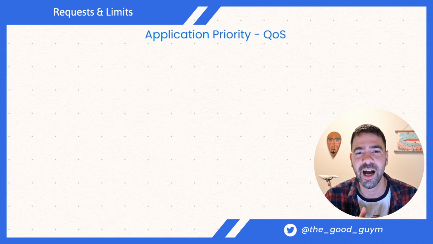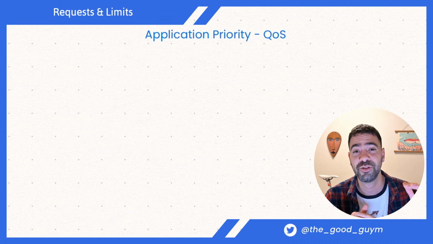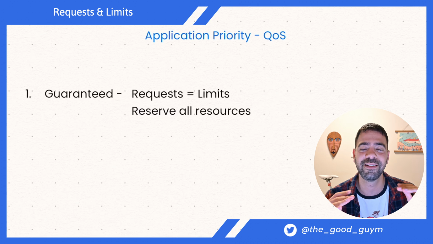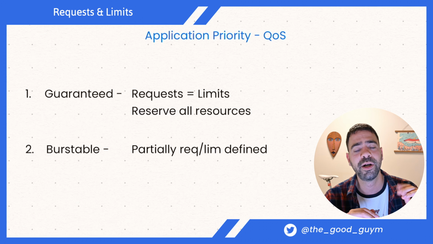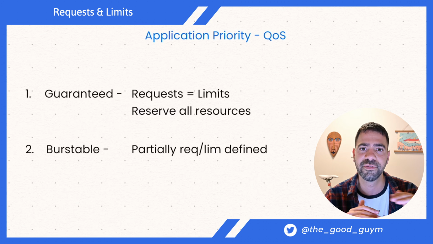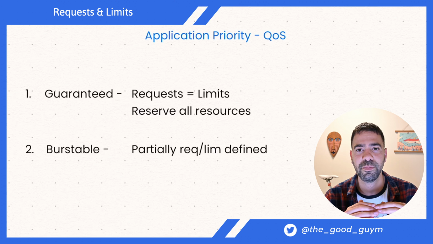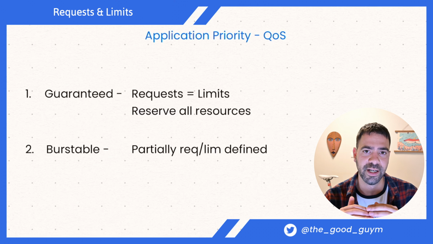How is that happening? How do we define the quality of service? When we define the request to be equal to the limits, it means that this application needs to have all the resources reserved from the time it starts. This is called guaranteed quality of service because we guarantee the resources all along the way. A little bit lower, we have burstable quality of service, when we define the limits to be a little bit higher than the request.